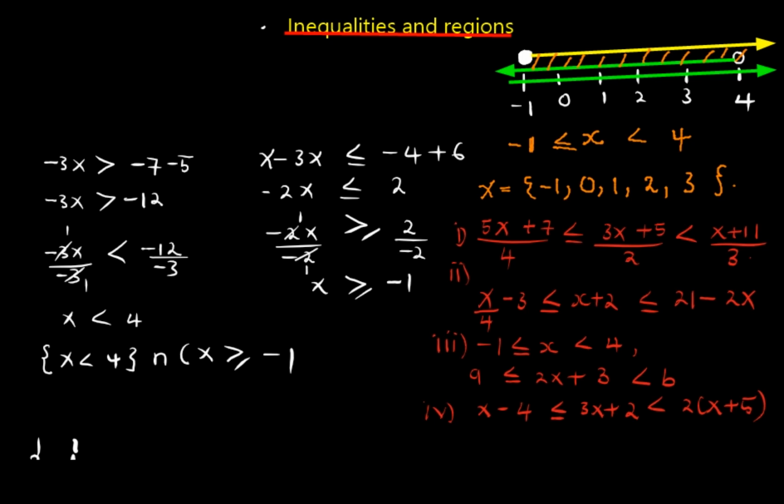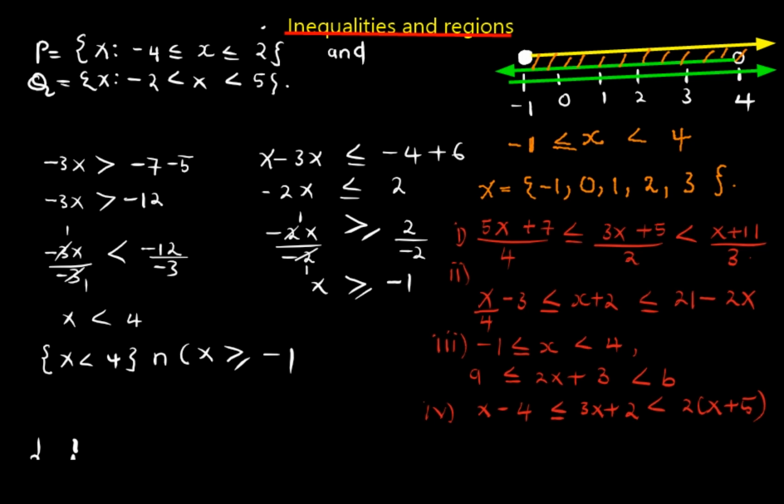given that set P is equal to x such that x is between 4 and 2, and set Q is such that x is a set of values ranging from -2 less than x less than 5.